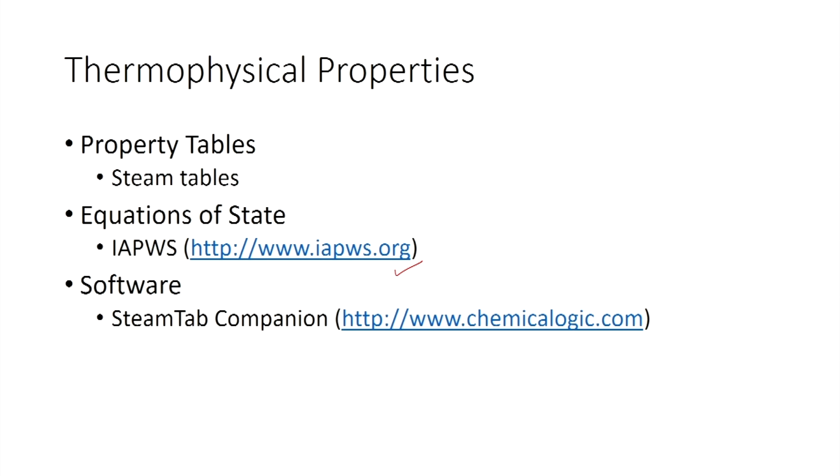The equations of state can be downloaded from here, and there is software also. There is a steam tab companion, which is a free software, and it is based on IAPWS equations of state, which are very accurate. Let us look at that.